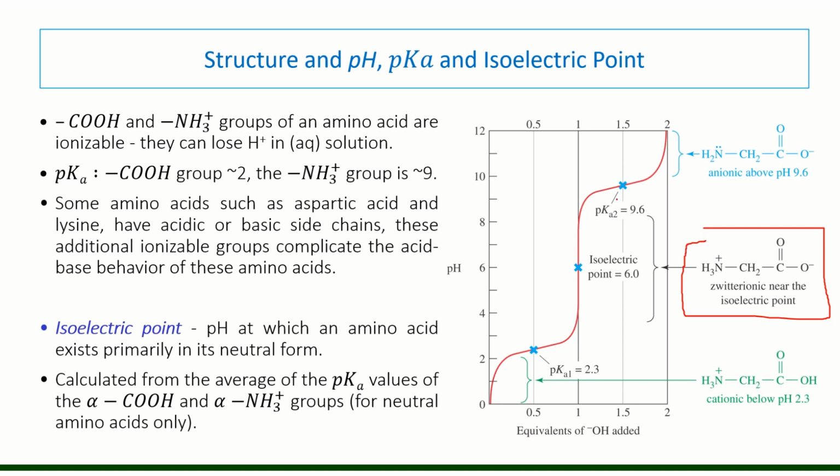You can see that above the pKa of the acid group, the basic species would be realized. And you can see below the pKa of the amino group, of course the acidic species will dominate.